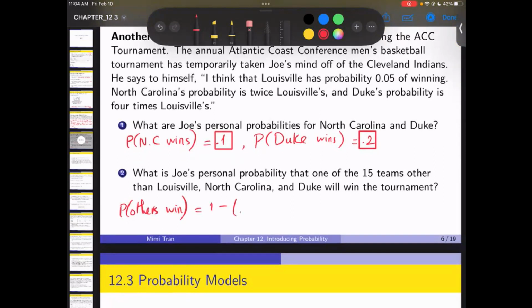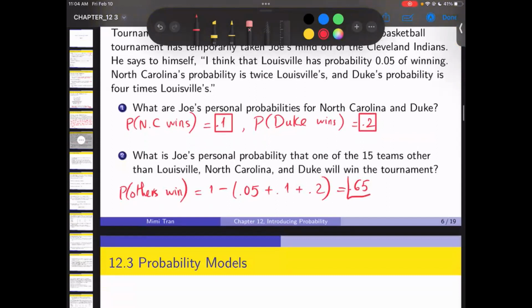Louisville is 0.05, North Carolina is 0.1, Duke is 0.2, so 0.65. So far, so good. So that's subjective probability, but we're using it to calculate the rules of probability.